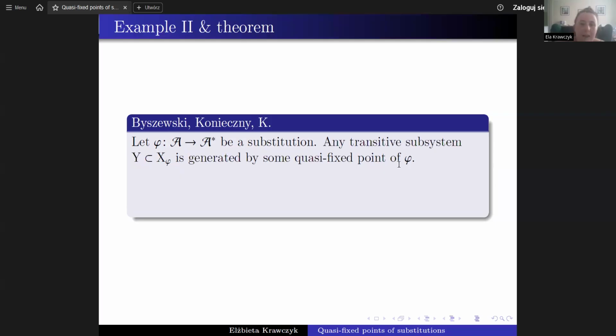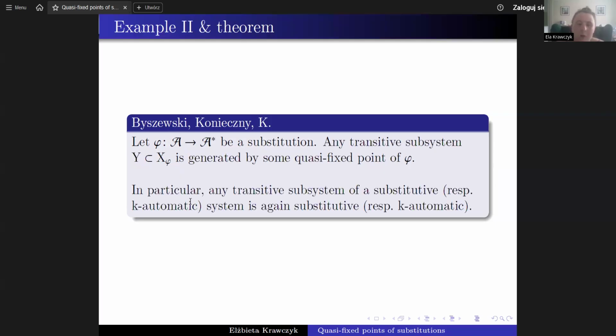So in particular, and this was our original goal in this part of the paper, this shows that any transitive subsystem of a substitutive system is again generated by some substitutive sequence, and any transitive subsystem of a k-automatic system is once again generated by some k-automatic sequence.